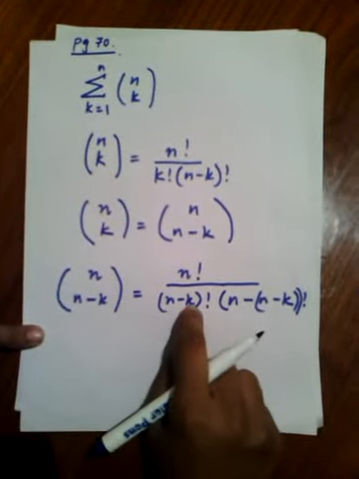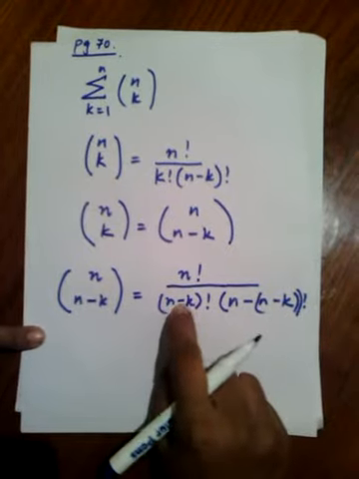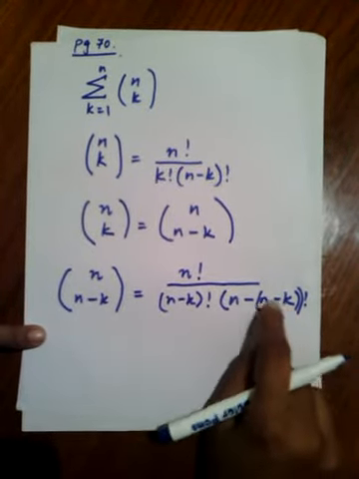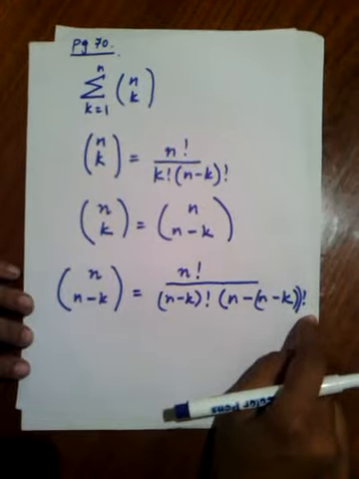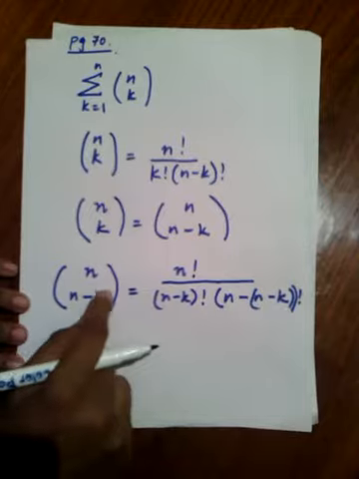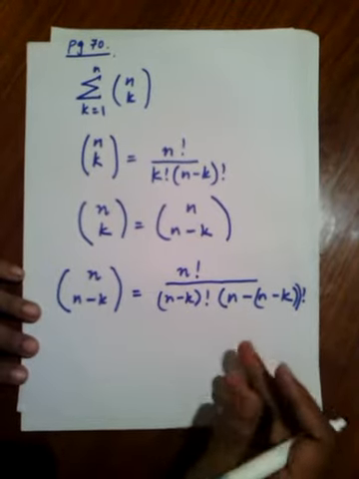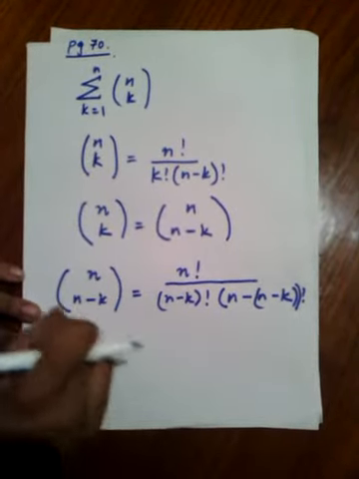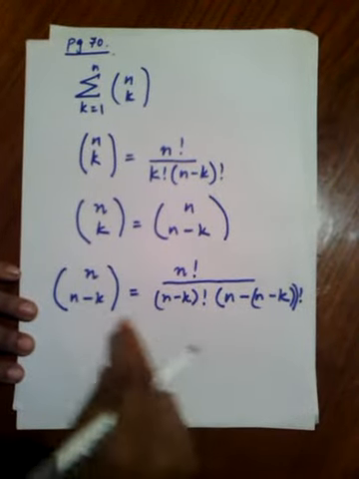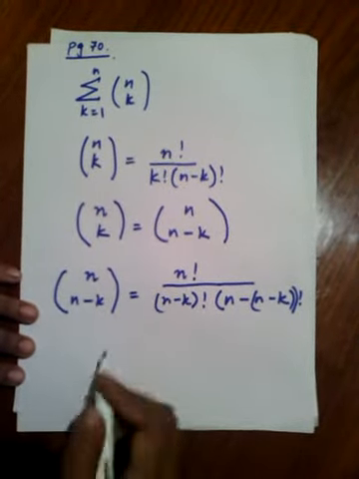So every time we see n minus k, we put p, right? So it would be p factorial times n minus p factorial, right? So instead of p, we have n minus k. So it's just a substitute, or exactly a copy of whatever lies at the second row of the bracket on the left, right?